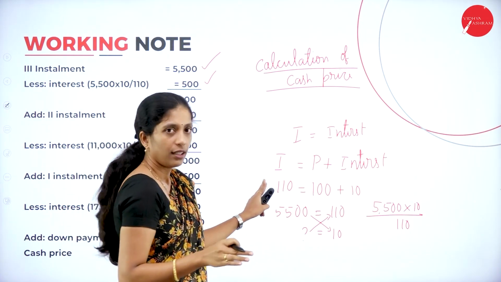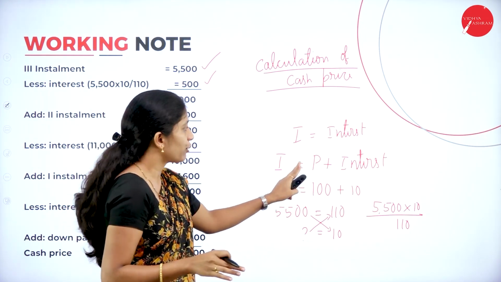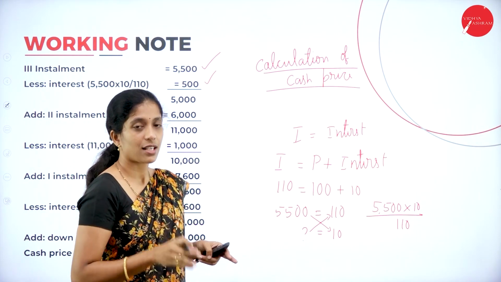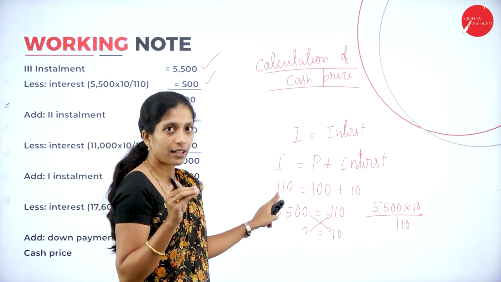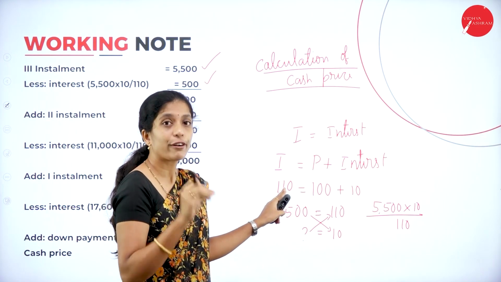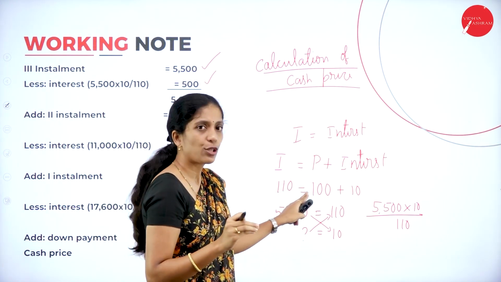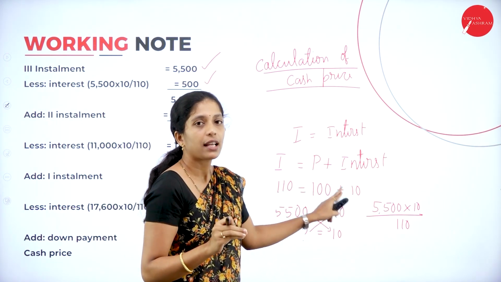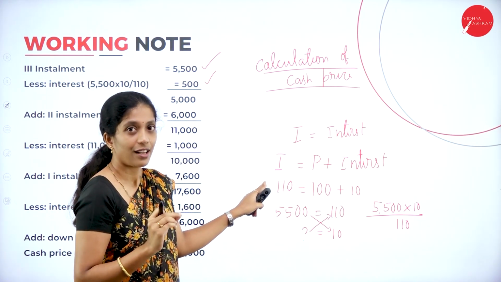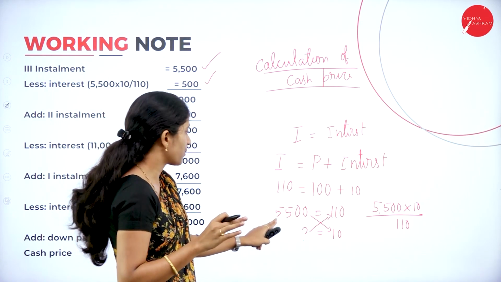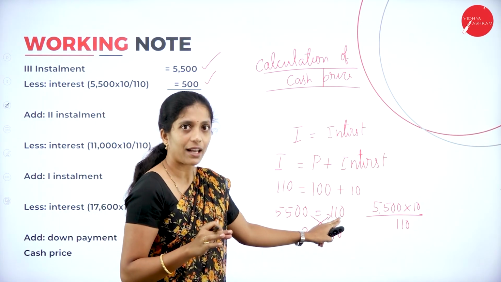So, what is the formula? Installment is equal to principal plus interest. Let us assume we don't know the principal, we know the installment, and it is inclusive of interest. So, principal is 100 and interest is 10, and installment is 110. They have given the third installment as 5,500, which is nothing but 110.